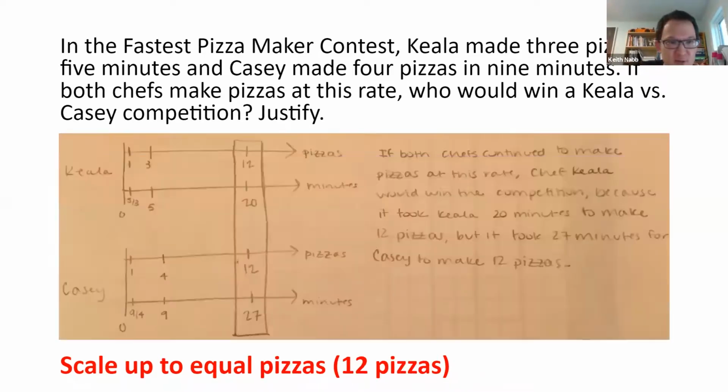In a similar way, exactly the same here, you can scale on the number of pizzas, and you can see that Casey takes longer to make the same number of pizzas. Again, what I love here is just the flexibility, and the students are using whatever they see in the double number line to generate a solution.